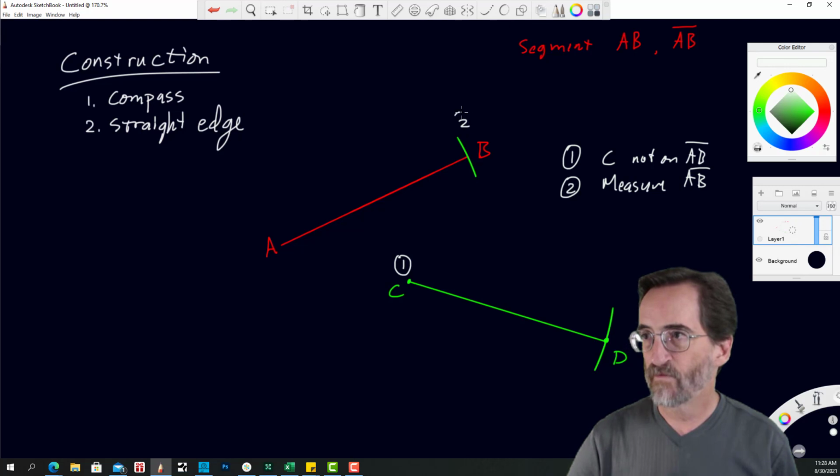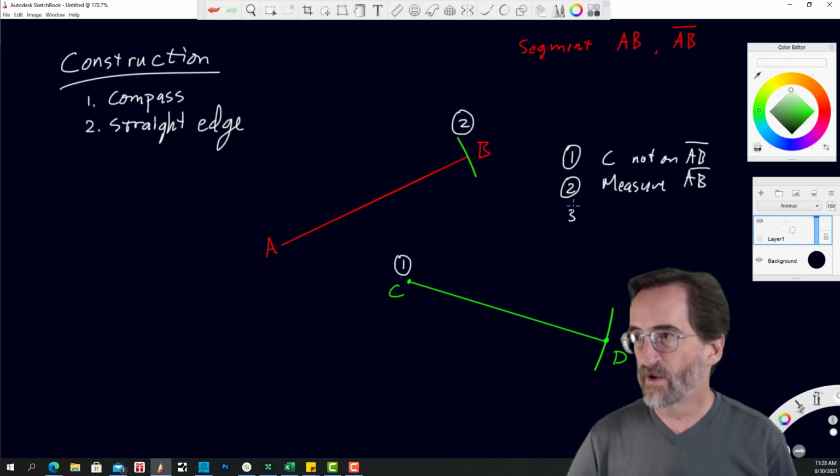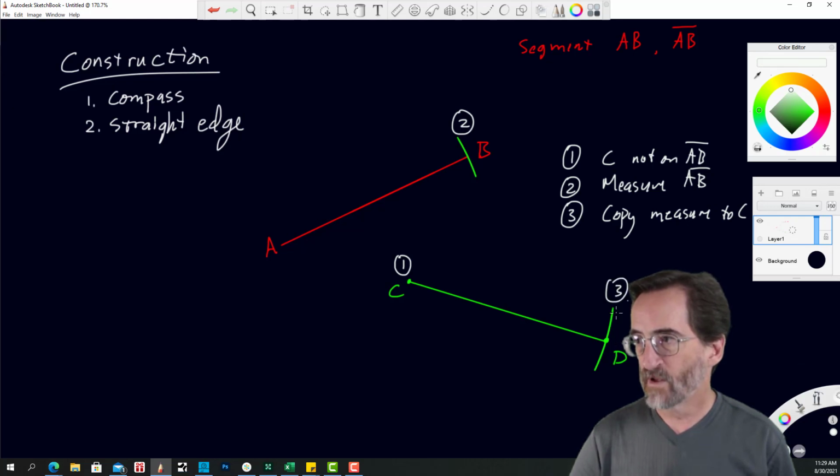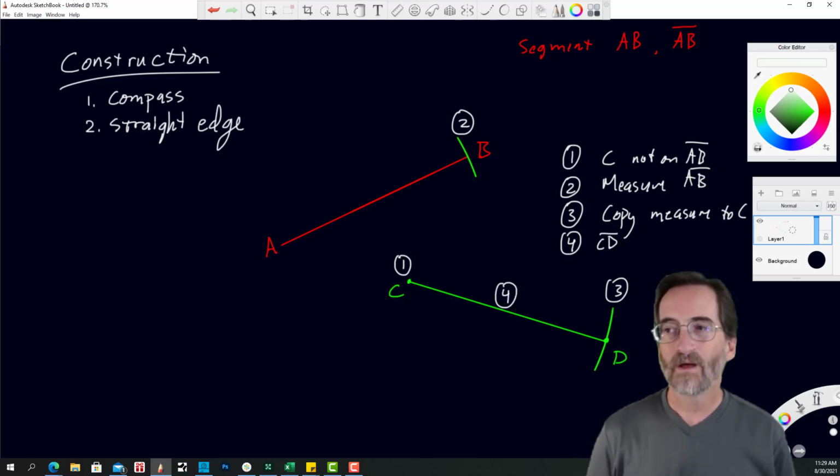Step 3, we copied the measure to C, and labeled point D. And step 4, we drew segment CD. So those are the steps.